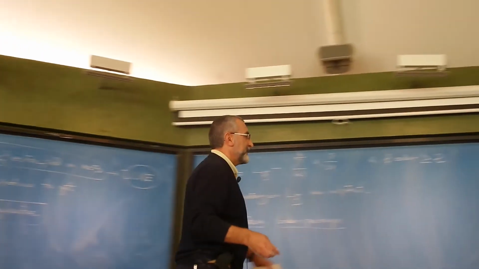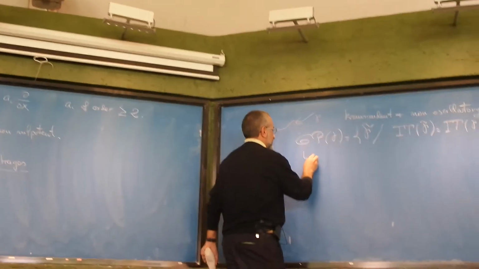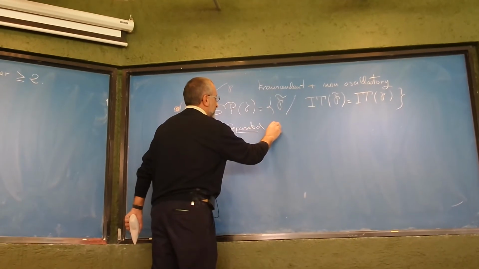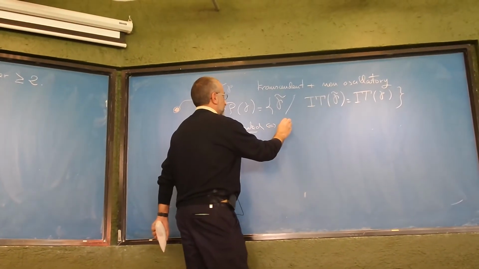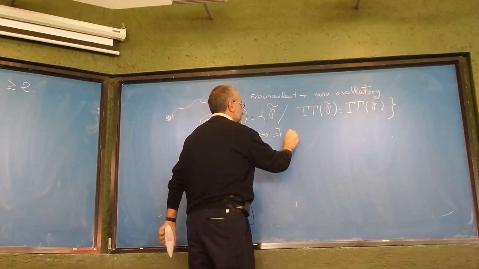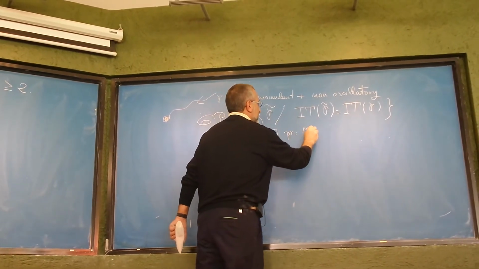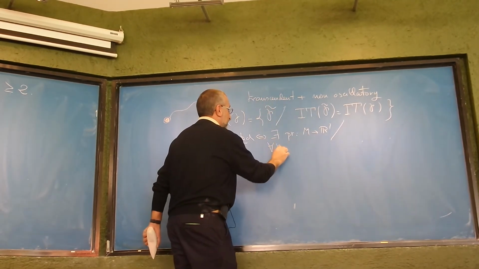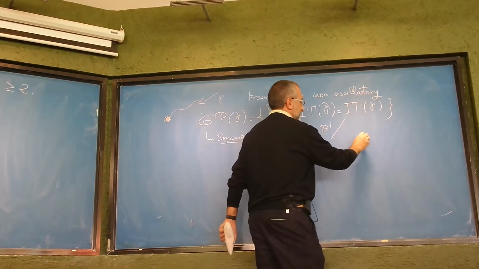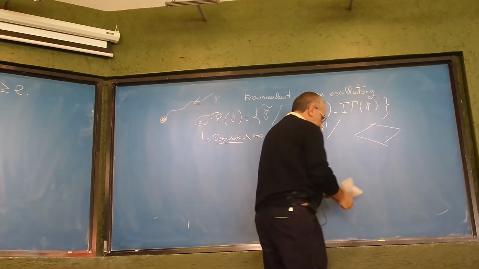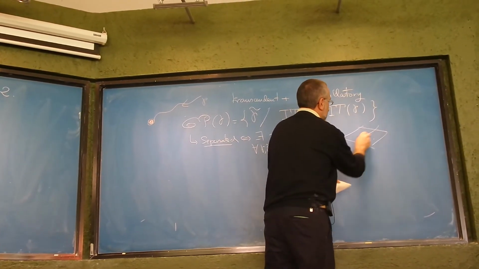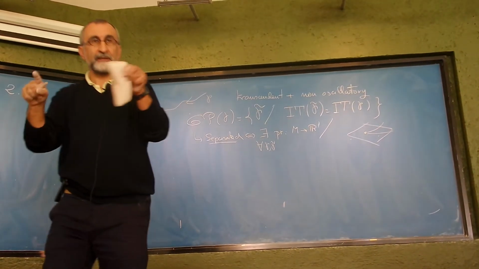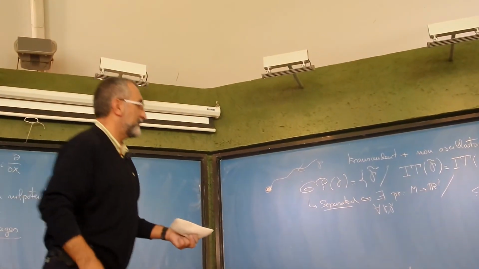So we say that it is separated if and only if there exists a projection of the ambient space to R2 such that, for each gamma and gamma tilde, the images of gamma and gamma tilde do not cut each other.